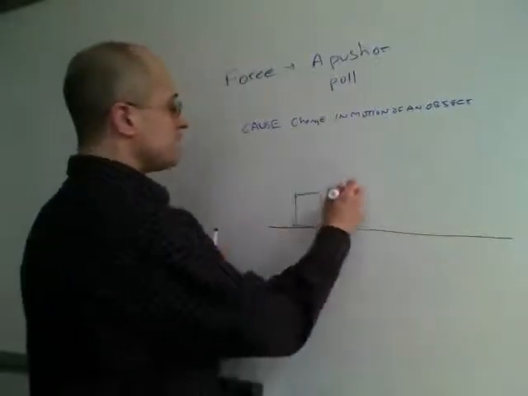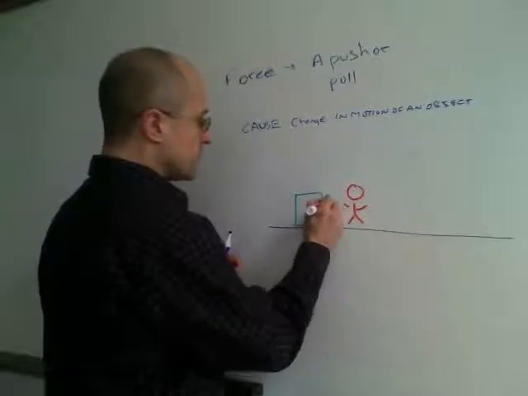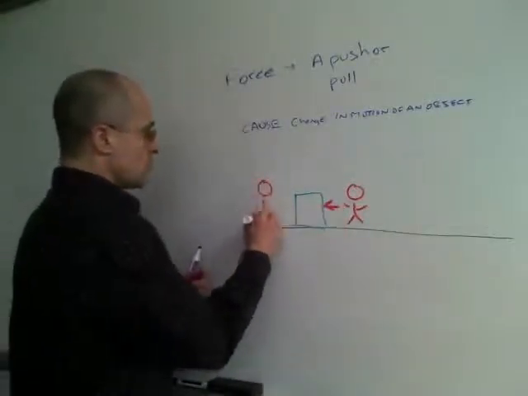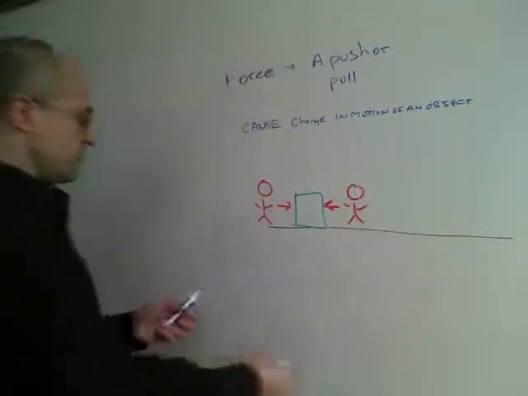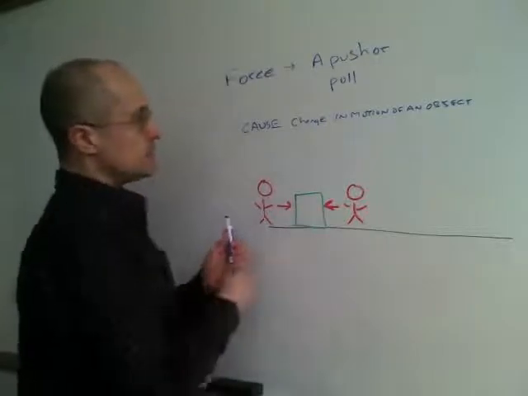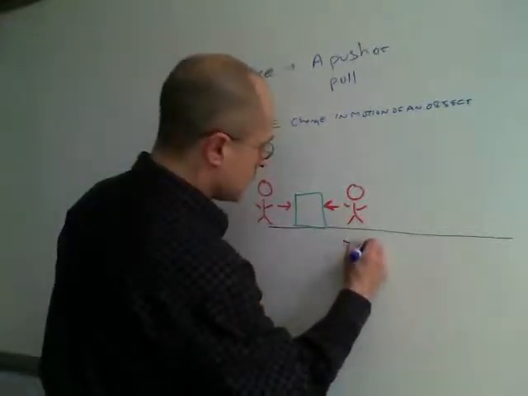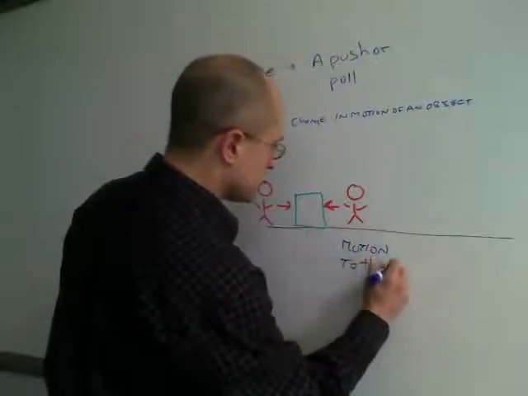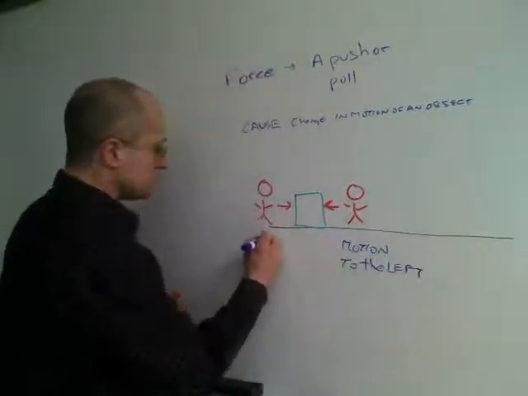It makes a difference if you start pushing on your box. It makes a difference which side you push on the box from. If you push on the box this way, you'll cause motion to the left. If you push over here, this is motion to the right.